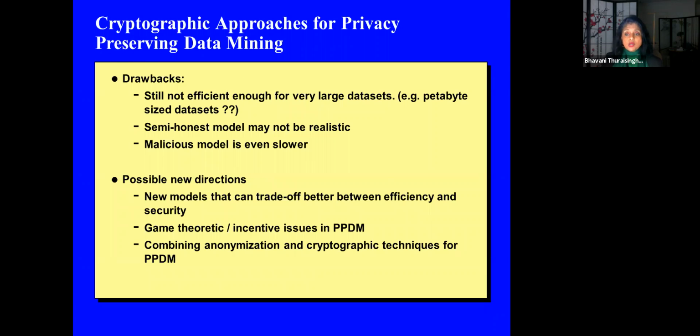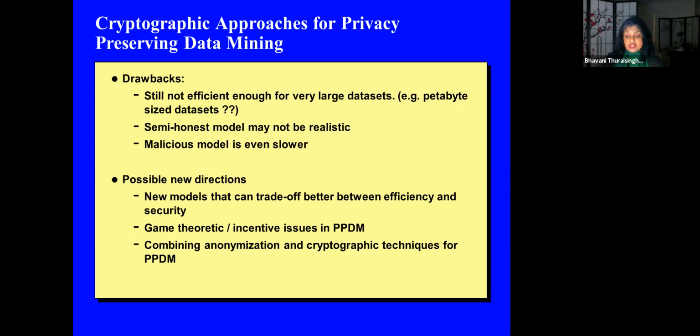Okay, so again, continuing with the cryptographic approaches, what are the drawbacks? Still not efficient enough for large data sets, right? Petabyte size data, or maybe now we have gone beyond peta, to zetta and maybe even exabytes. And we are assuming the model is semi-honest, but that may not be realistic. In the real world you have malicious models, so the computations could be even slower.